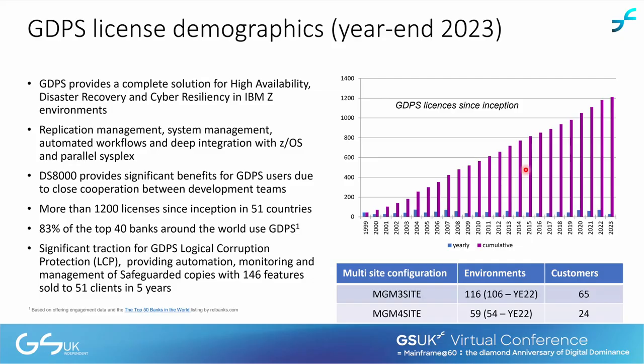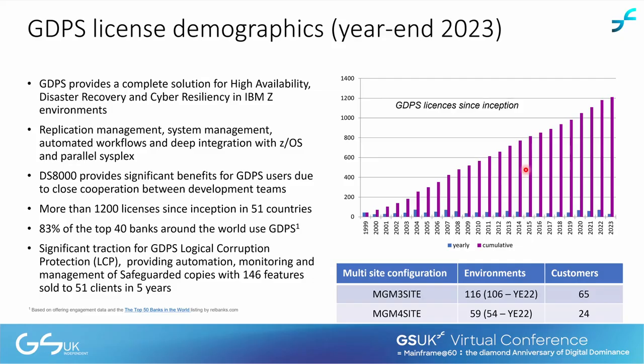It is a solution that allows us to prevent or to respond to a disaster if need be. We not only provide a solution of high availability, but we also work with cyber resiliency as well. GDPS has gained significant traction in the area of GDPS logical corruption protection. We provide automation, monitoring, and management of our safeguarded copies, and we've sold plenty of features to clients within the last 5 years.